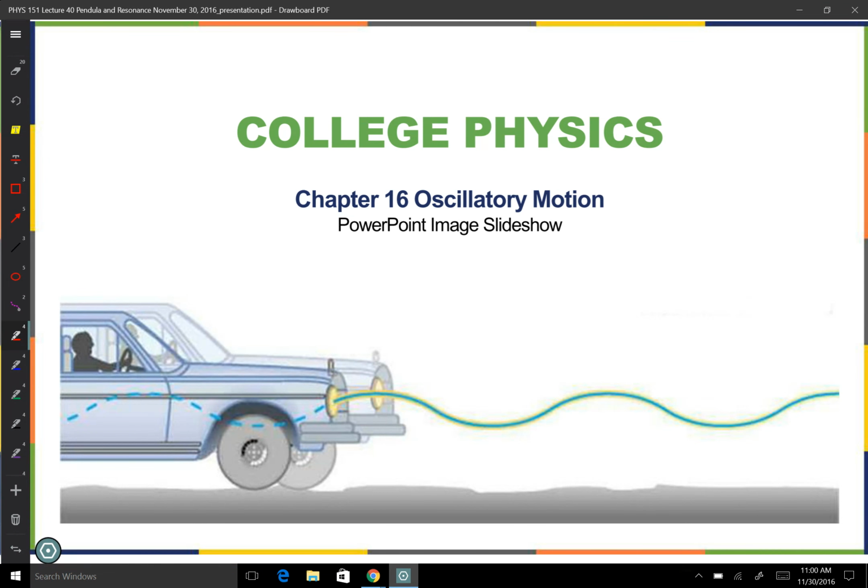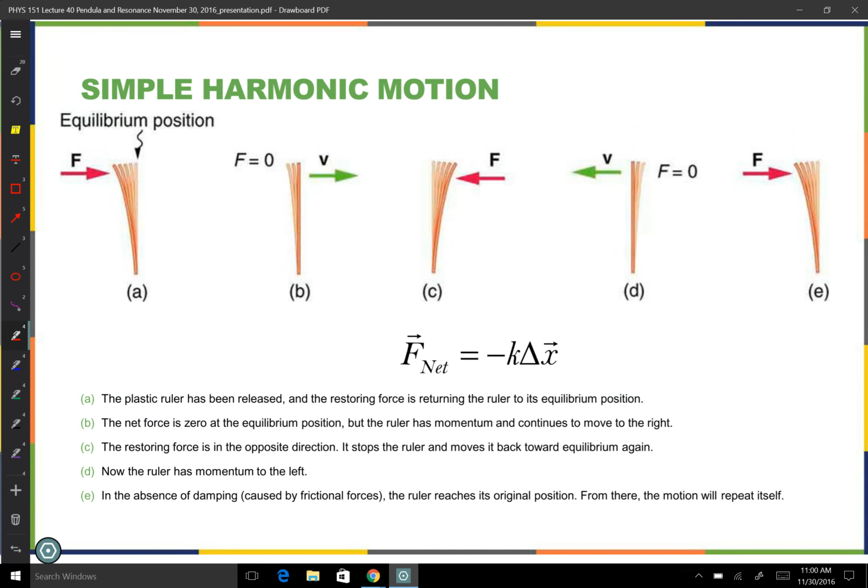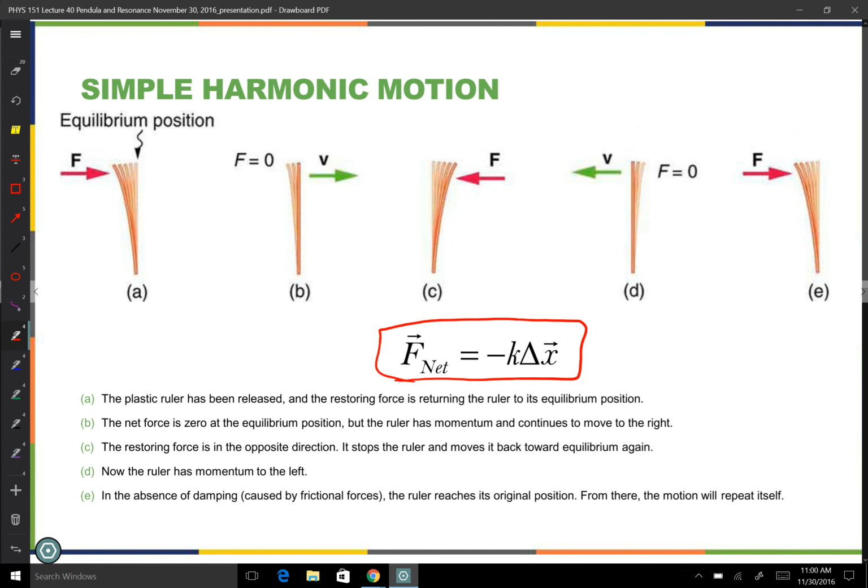So continuing on with a little review of what we did on Friday a week ago, we learned that for a simple harmonic oscillator, which is a special kind of oscillator, something that follows a sinusoidal pattern in the oscillations, you have a requirement that the net force on the oscillator is linearly proportional to the displacement from equilibrium, so that's what the delta x was, and it has that minus sign because it's restoring.